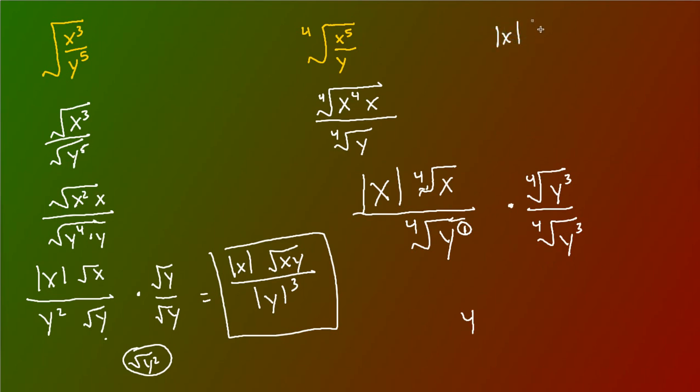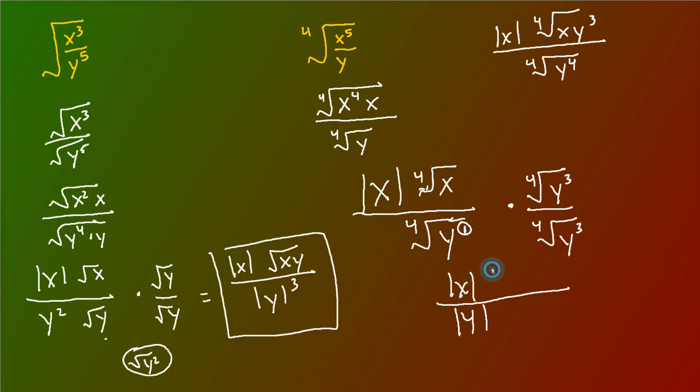I have absolute value of x, fourth root of x and y cubed, all over fourth root y to the fourth. And the fourth root of y to the fourth is y. So at the bottom, I'm going to have absolute value of y, absolute value of x, and fourth root xy cubed.